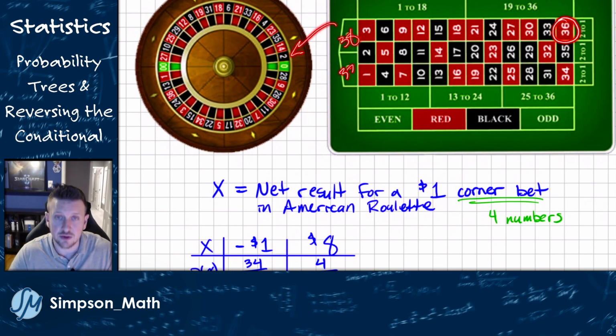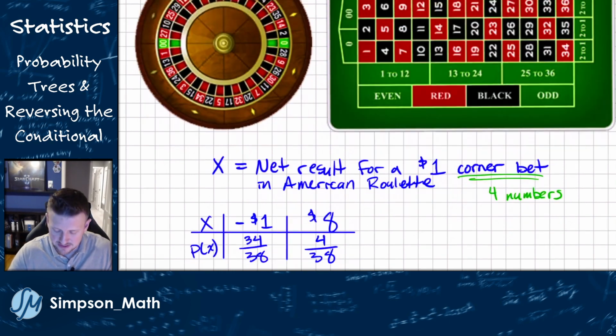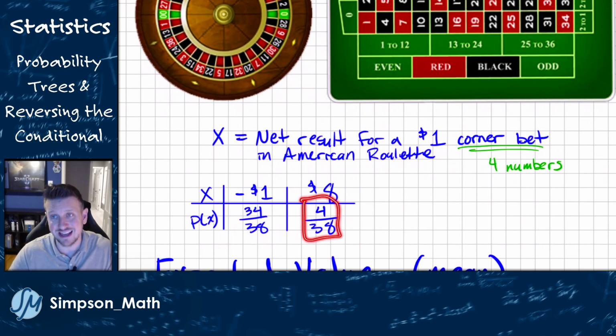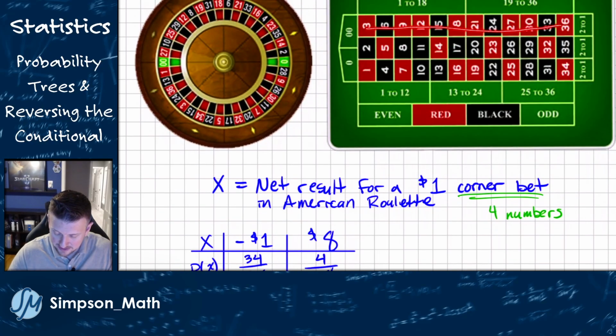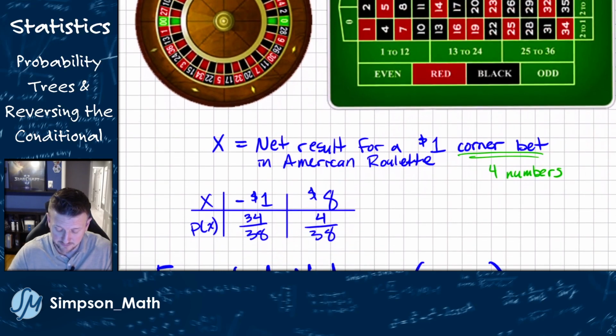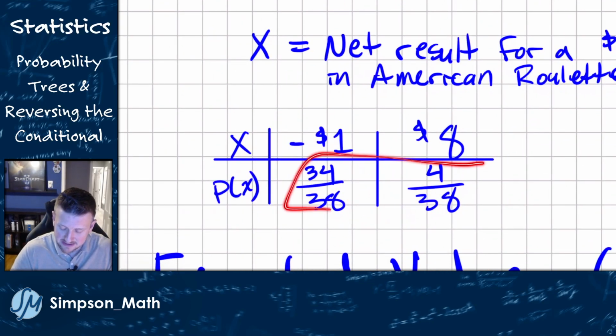There are 38 total slots on this wheel, so that's why it's 4 out of 38. All right, then there are 34 out of 38 chances to lose. So there are these 32 numbers that I could lose on, plus these additional ones, making 34.